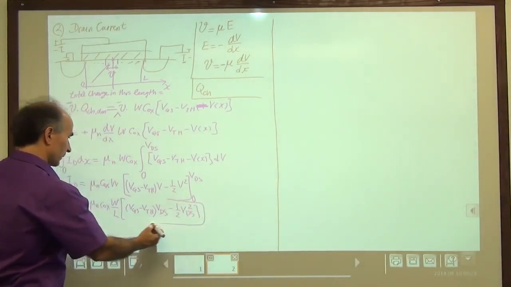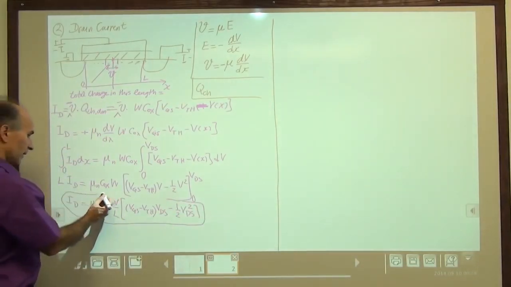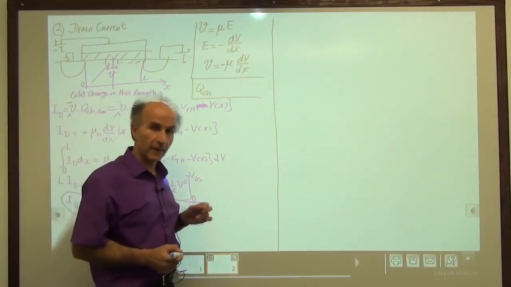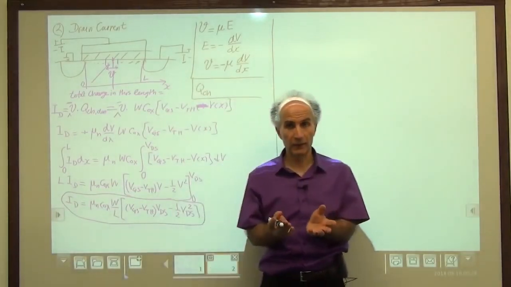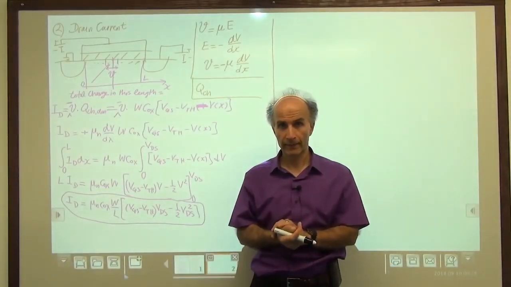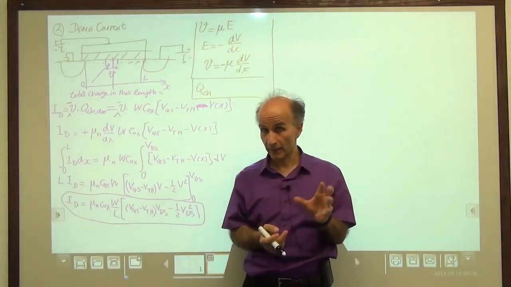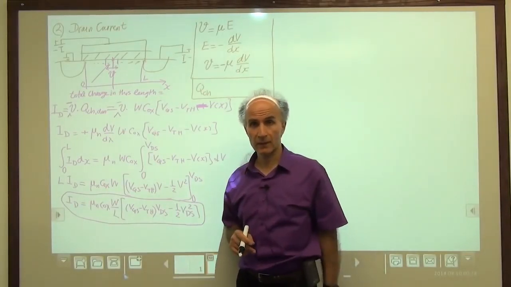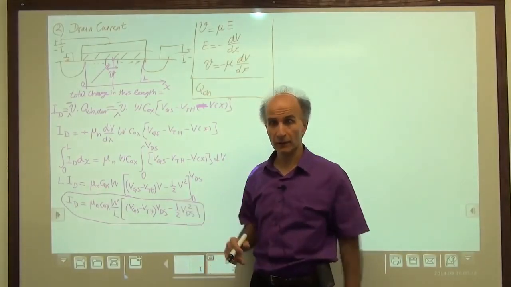So this simple, beautiful equation relates the current that flows through the MOS device as a function of the voltages around it, the drain source voltage and the gate source voltage. How about the body, the substrate voltage? Well, we don't worry about that. We assume for now it's the same as source voltage, so it's not in the picture at all.